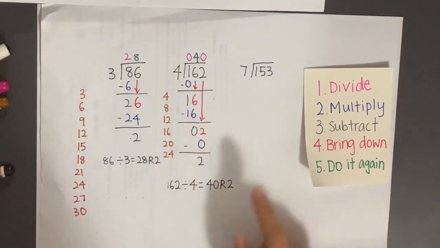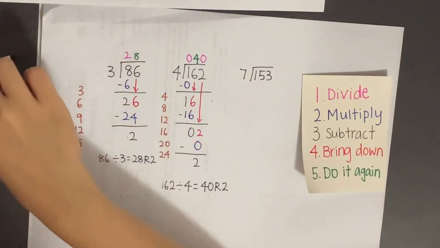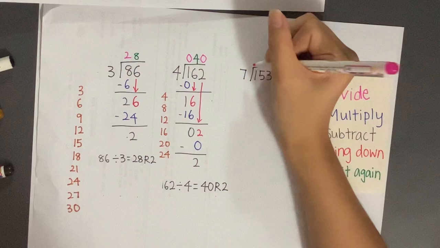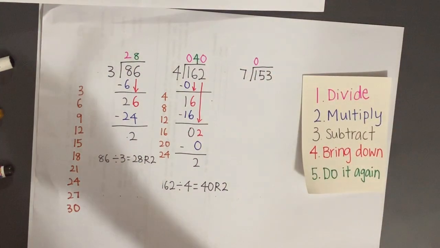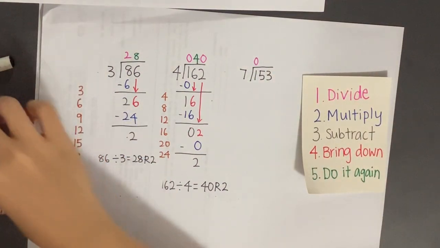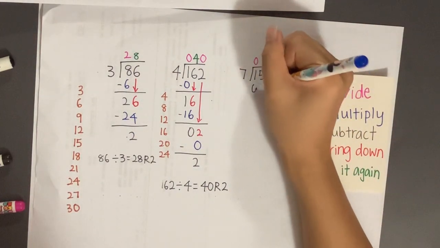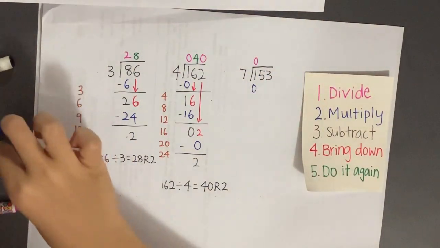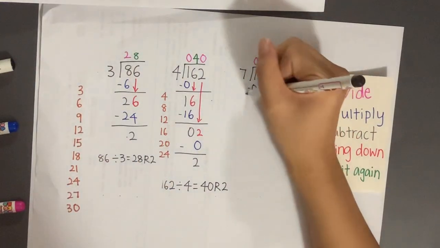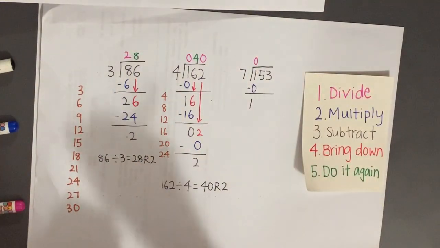Similar to the previous question, 1 is smaller than 7. So there's no number smaller than 1 that can divide by 7. So I'll put a 0. 7 times 0 is 0. I subtract to get 1.